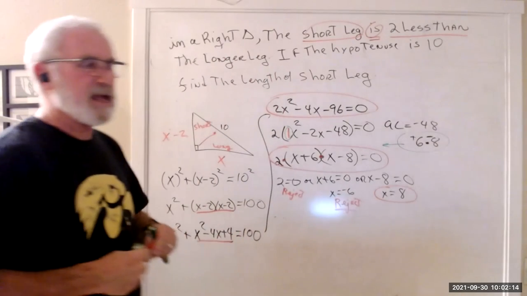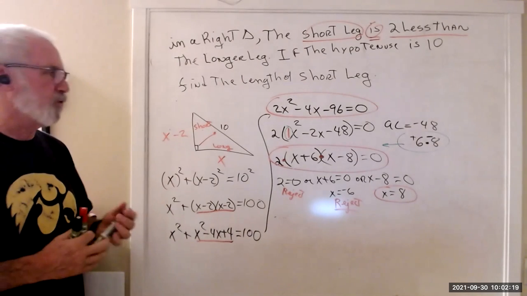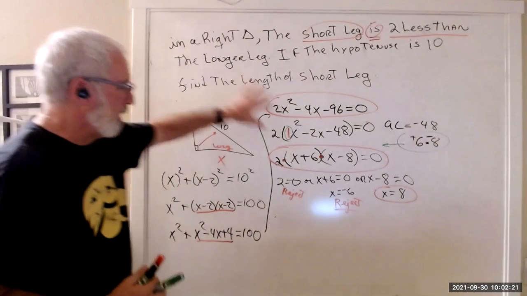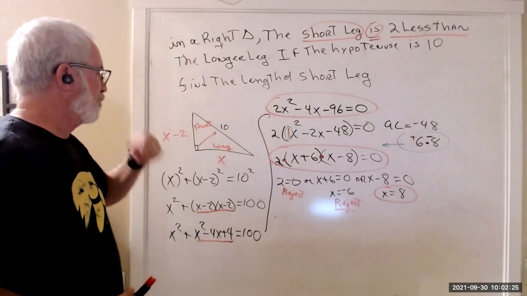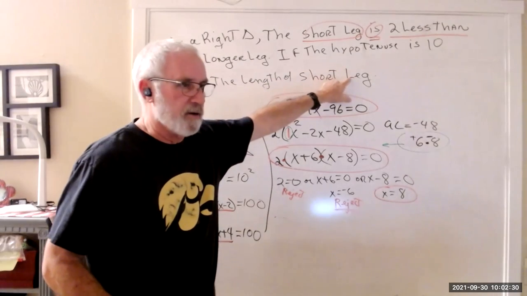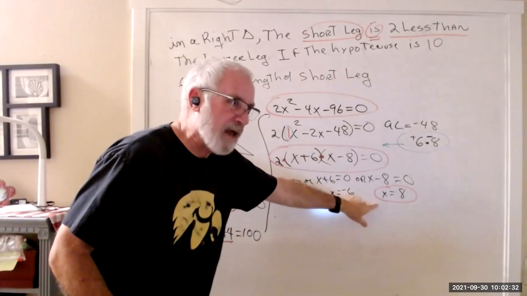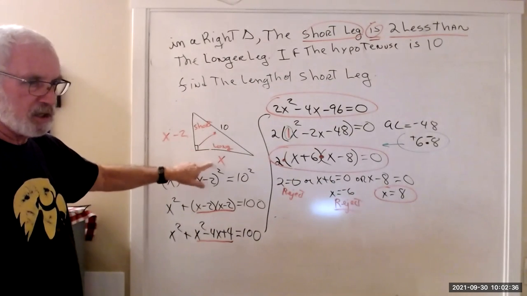But that's not the answer to the question. And this may be kind of where people screwed up. They waded through all this stuff, fine. But the problem says, what's the short leg? What's the length of the short leg? Well, you found x, but we said over here, x is the long leg.